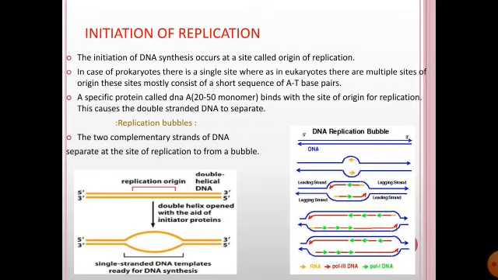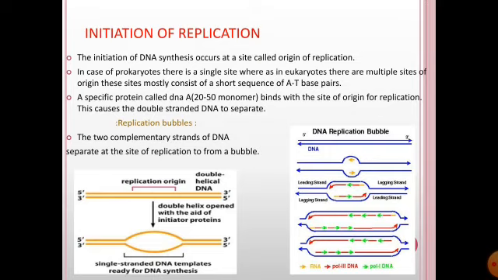Specific proteins, with 20 to 50 nucleotide monomers, bind to the site of the origin of replication, and this causes the double-stranded DNA to separate. The two DNA strands separate, and a bubble-like structure develops. In prokaryotes there is a single origin site, so a single bubble develops. In eukaryotes there are multiple origin sites, so a number of bubbles develop.